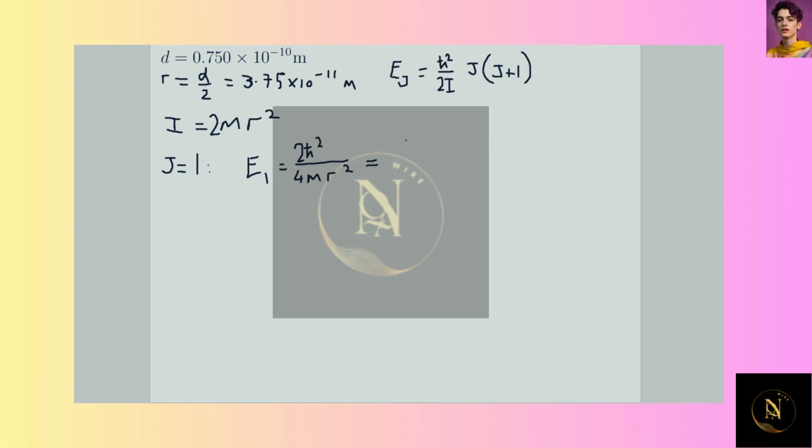Cancelling down, 2 divided by 4 is just a half, so that will be h bar squared over 2mr squared. For the purposes of this question, we will take the mass of our proton to be 1.67 times 10 to the minus 27 kilograms.